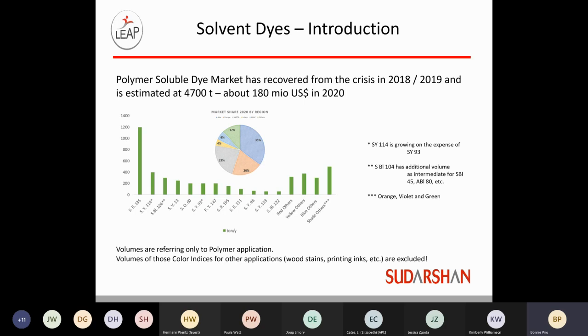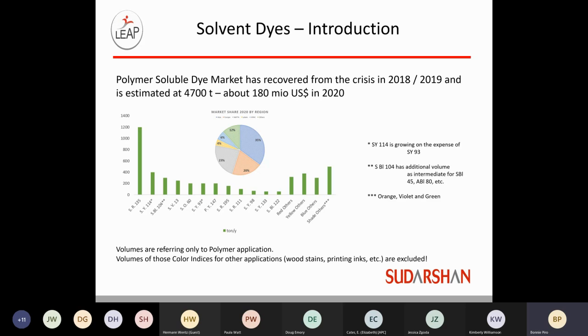And the chart gives a feel for the popularity or the volume of each of the top color indexes. You'll notice that the solvent red 135 is by far the most important solvent dye in the industry, about 3 times as large as the next largest solvent dye, which is the solvent yellow 114.